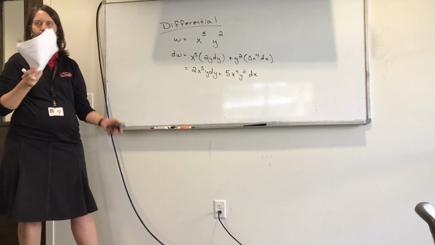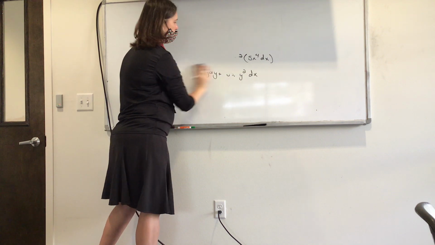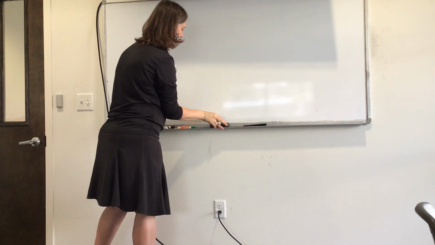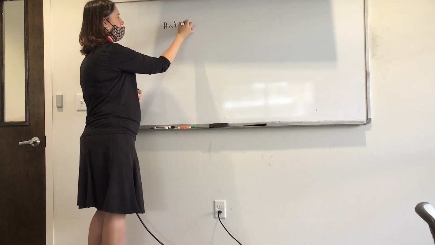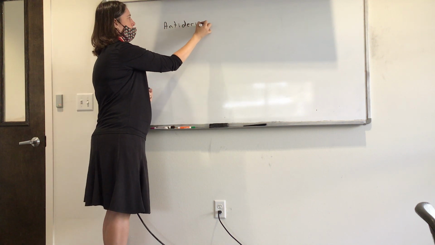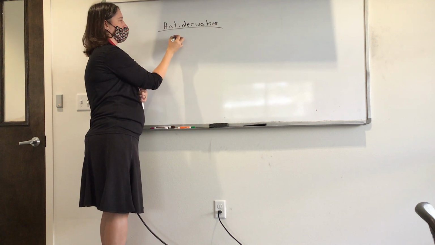Okay, so you'll have two of them, very similar to what we just did. The last two sections that you're going to do are very similar to what we just did on the quiz this morning. The next thing is our antiderivative. So the antiderivative, I give you the derivative, you're writing an original function.